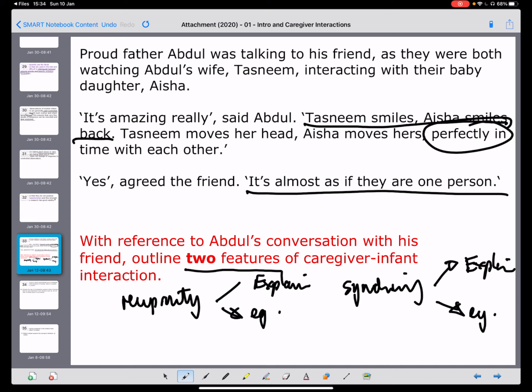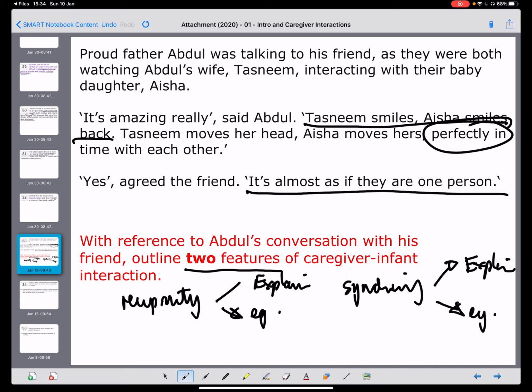Now what's important here is that we're going to the theory where we are writing and explaining about reciprocity and interactional synchrony. That's where the credit in this particular question comes. And then we're going on to refer to the example and justifying why it is there.